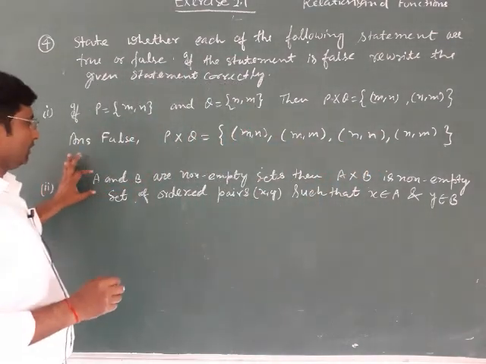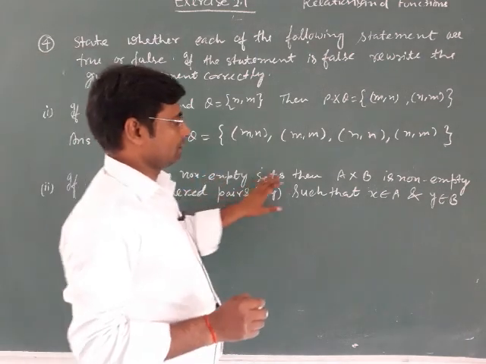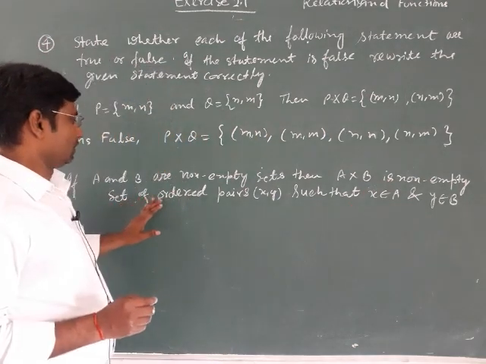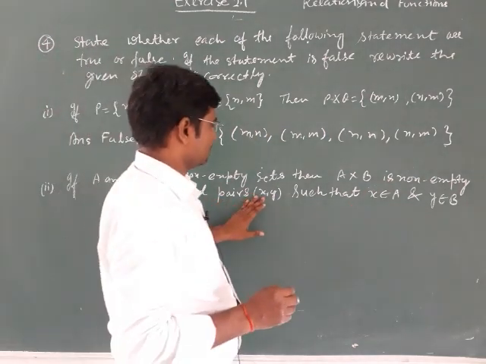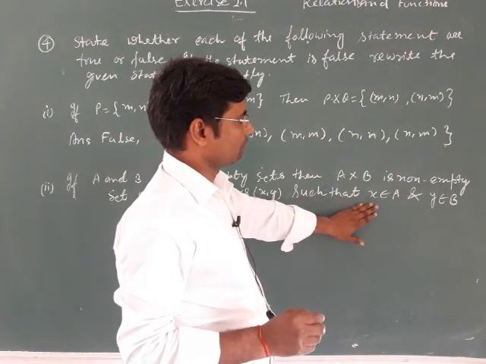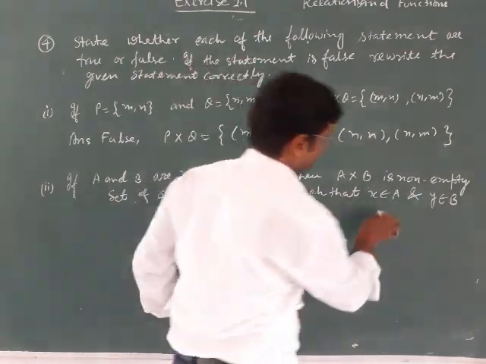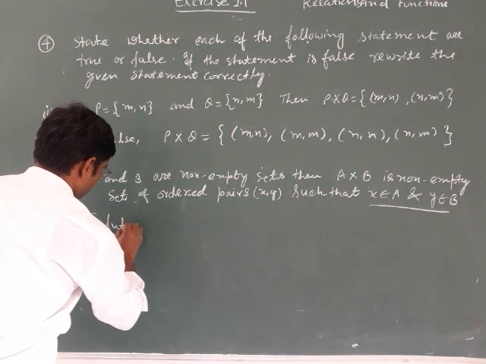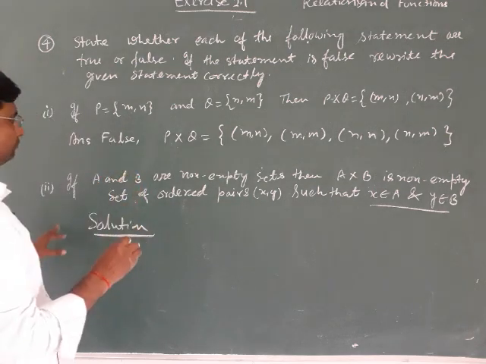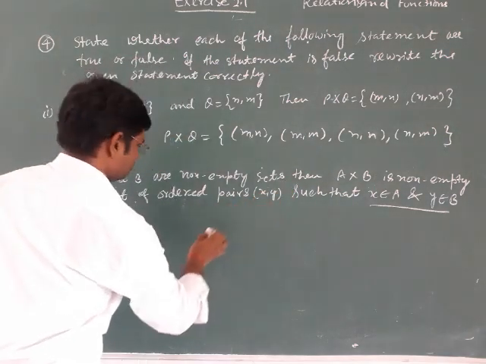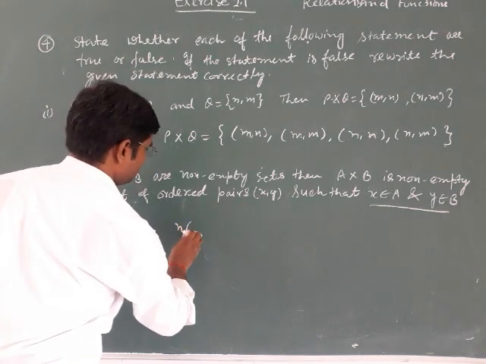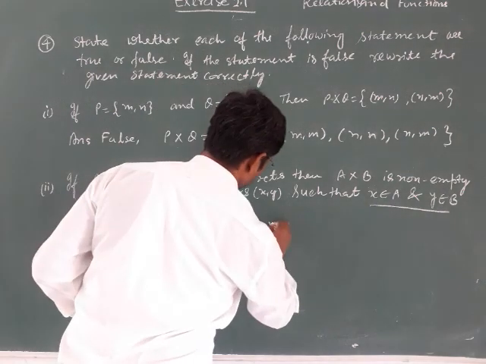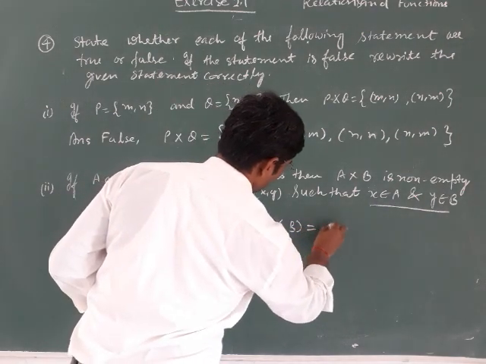Second part: if A and B are non-empty sets, then A cross B is a non-empty set of the ordered pairs (x, y) such that x belongs to A and y belongs to B. So solution of this question: the number of elements of set A is 5 and of B is also 5.